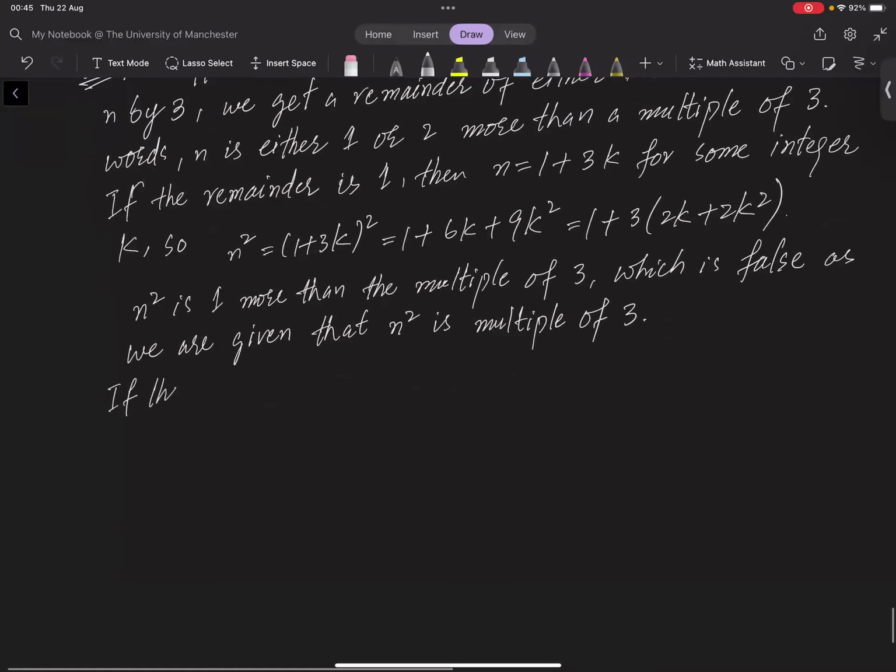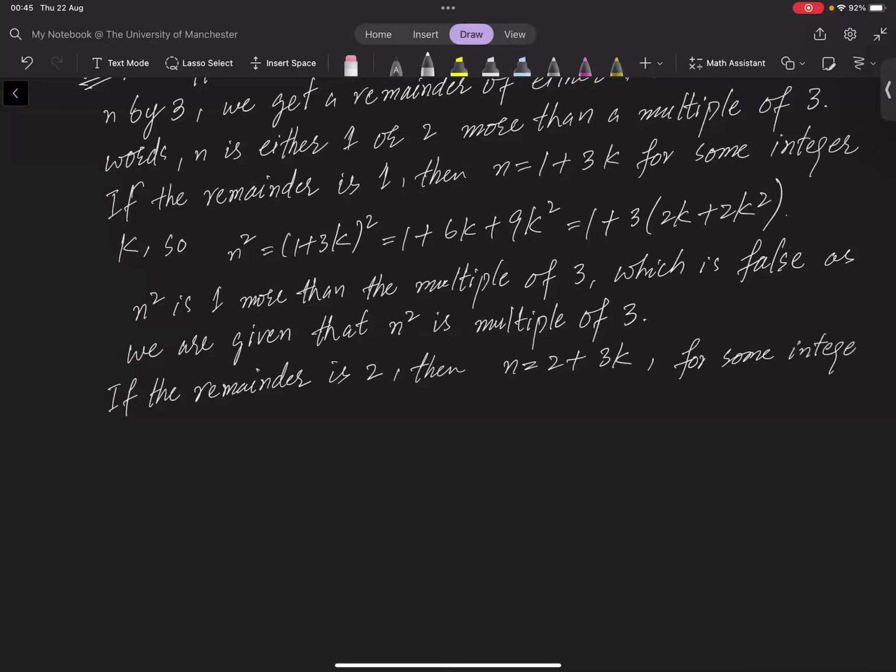If the remainder is 2, then n is 2 plus 3k for some integer k.